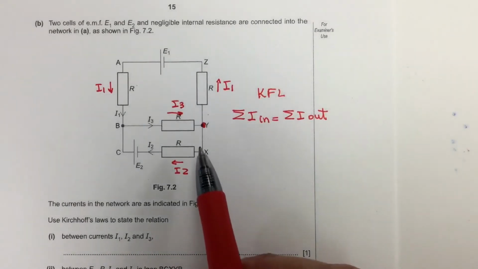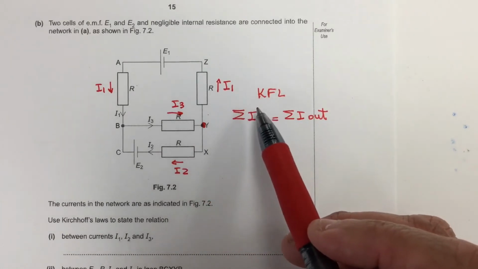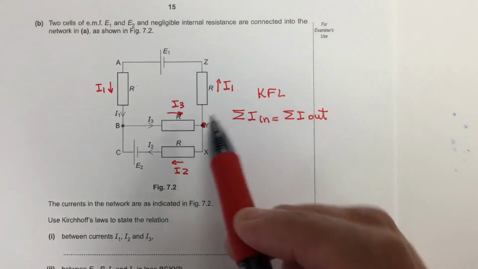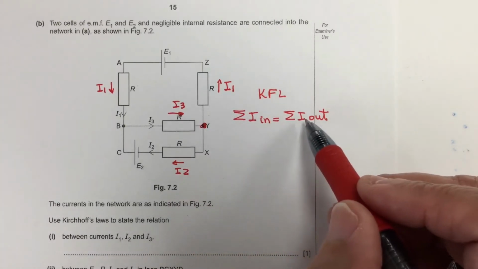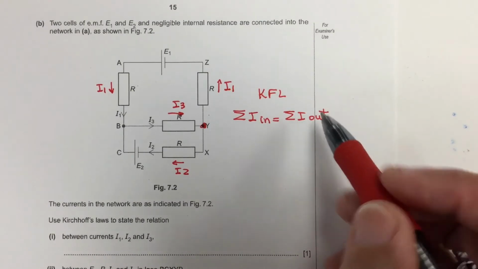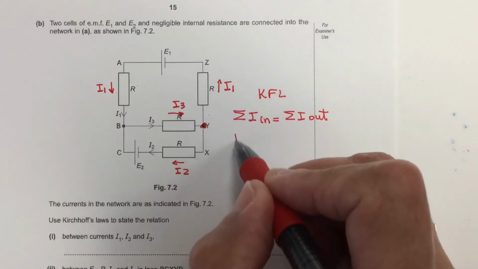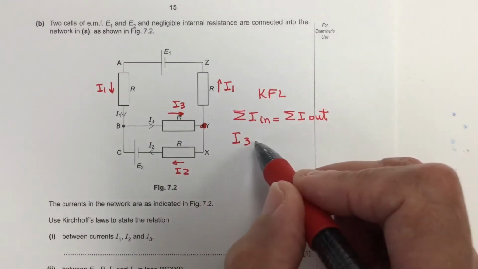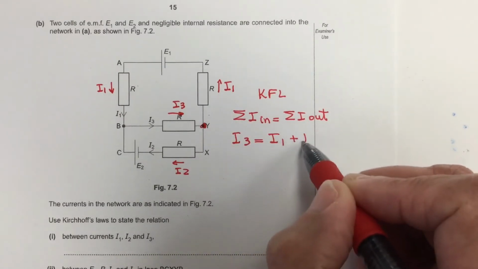Let's use Kirchhoff's first law, which means the sum of all currents in a joint is equal to the sum of all currents out. So going in, we have I3, and out we have I1 and I2.